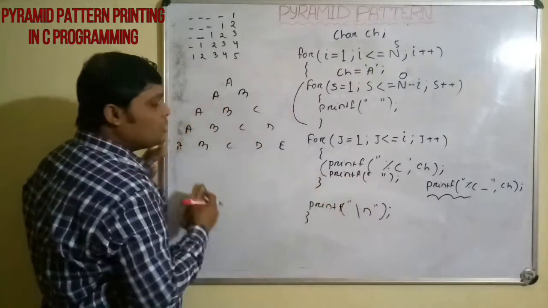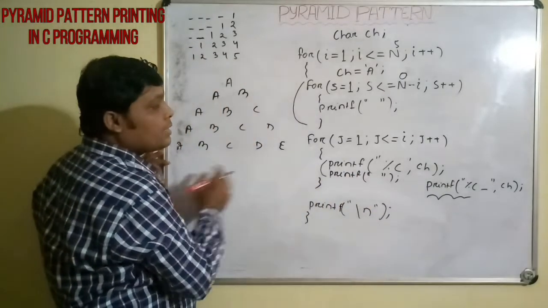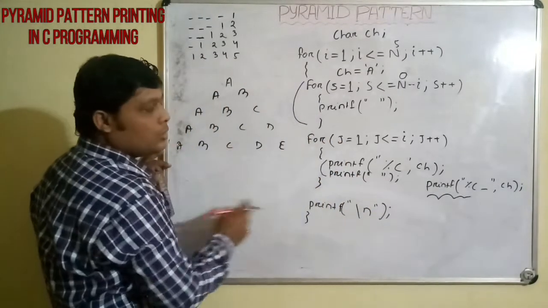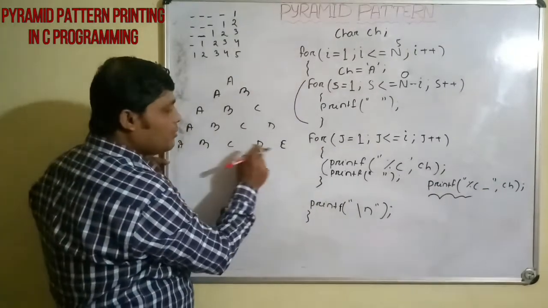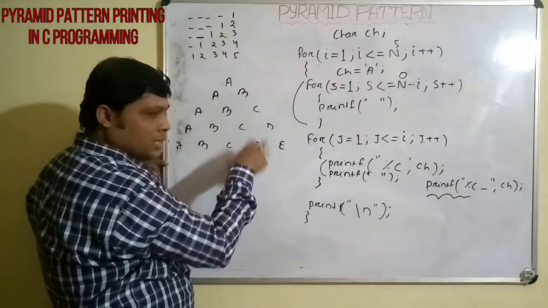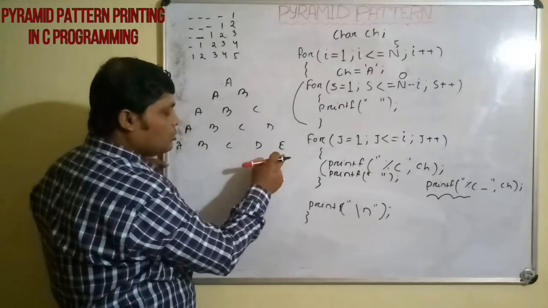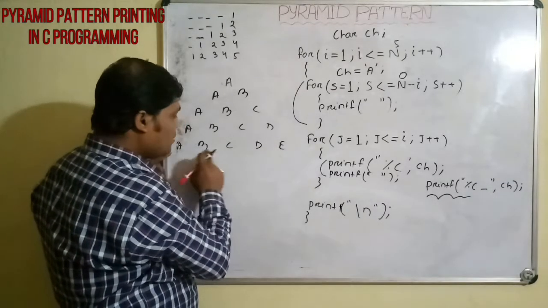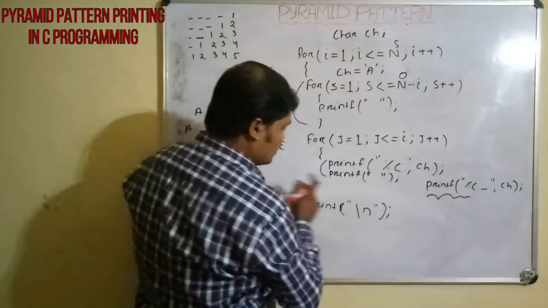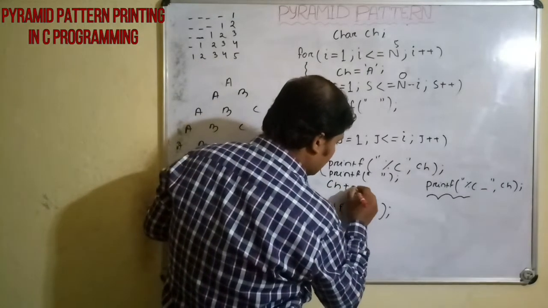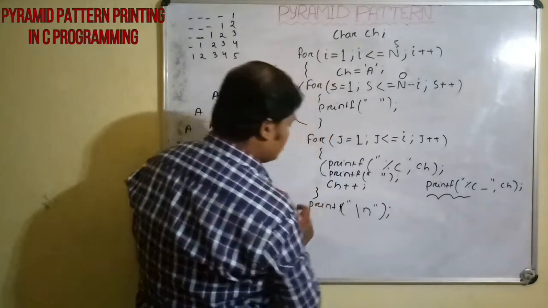But see, this ch++ will be inside which loop? Inside the j loop now, not inside the i loop, because these are the j values. When j value is changing, it is printing these values. Each time ch is modified with the j value. So ch++ will be inside the j loop.